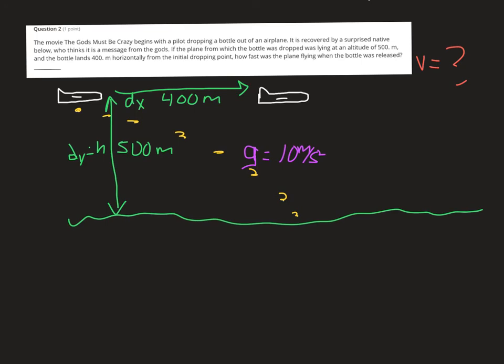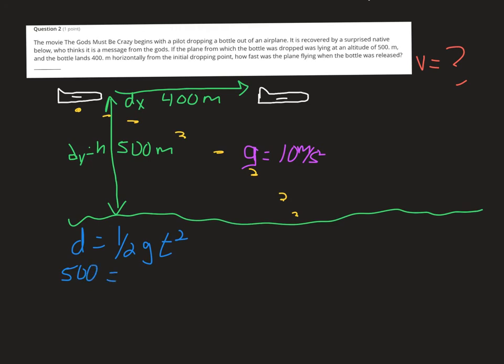So we'll use distance is equal to 1/2 g t squared. A lot of you are probably starting to get used to saying, oh, that's what we do. The distance we're going to use, because it's gravity, has to be the 500.